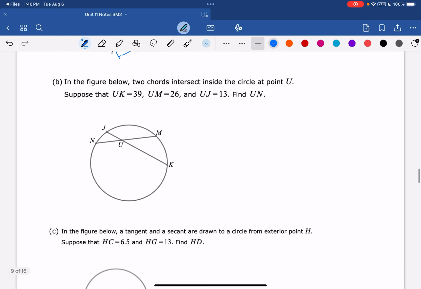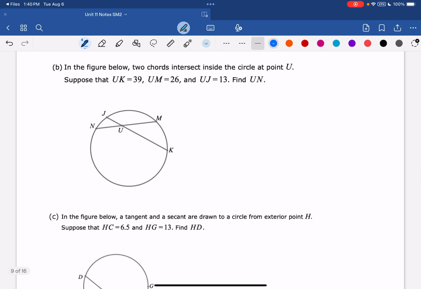All right. In the figure below, two chords intersect inside the circle at point U. So suppose that UK is 39, UM is 26, UJ is 13, find UN. Okay, so if it's along the same chord, part times part equals other part times part.